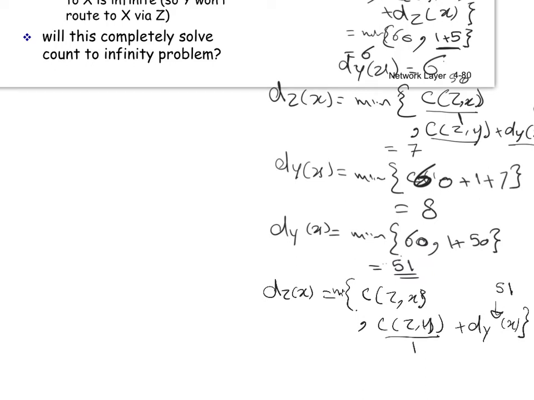And what is this? It's 1. What is this? 50. So now this cost will become 50.